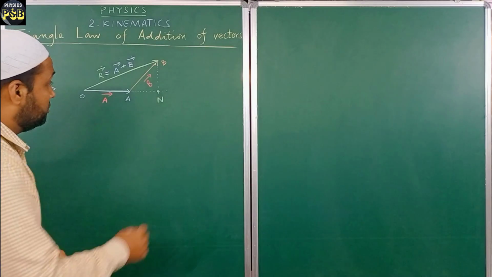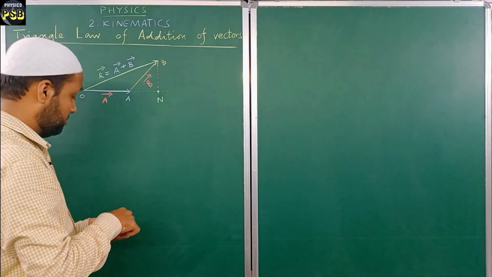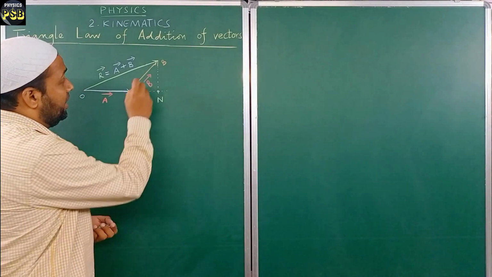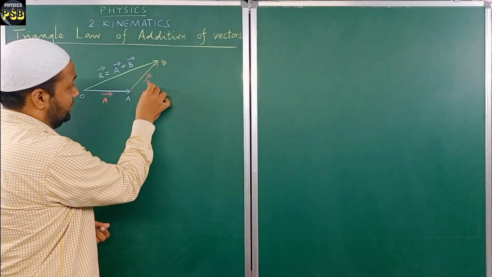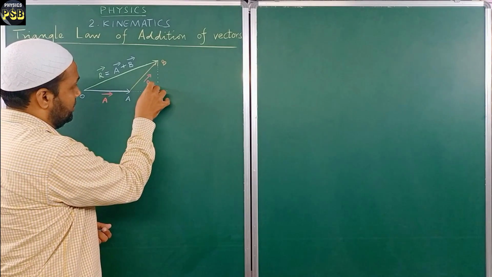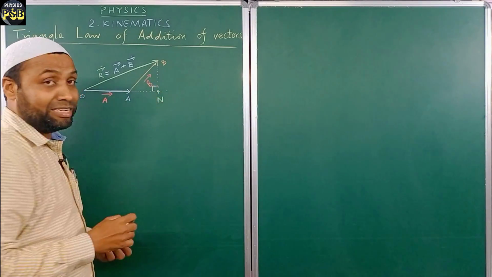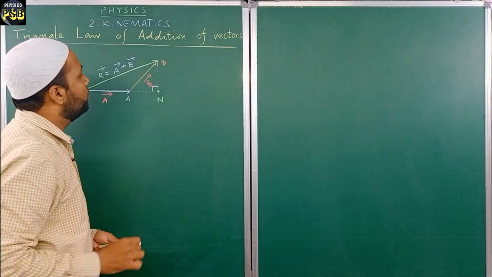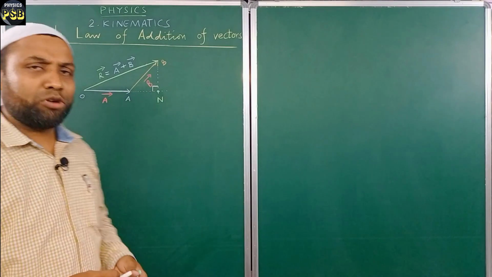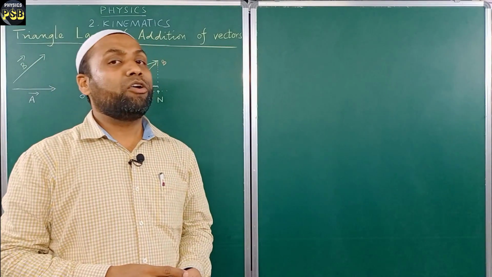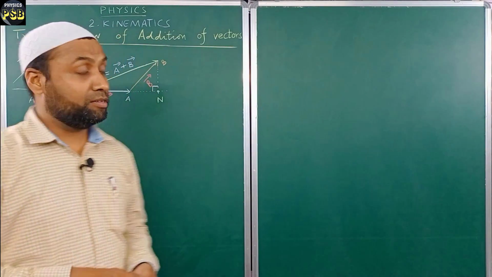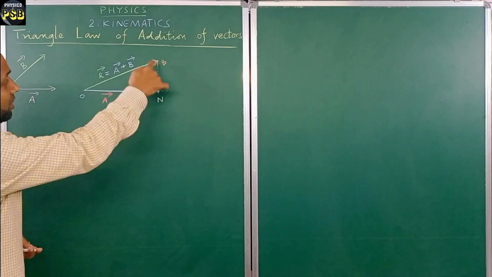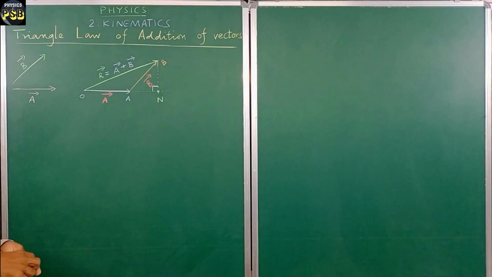When do we call a triangle a right angled triangle? There is a condition. If any one of the angles that the triangle possesses is equal to 90 degrees, then we call such a triangle a right angled triangle. Clear? So this is a right angled triangle.